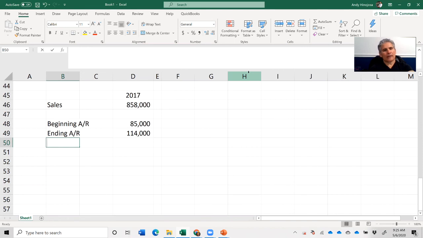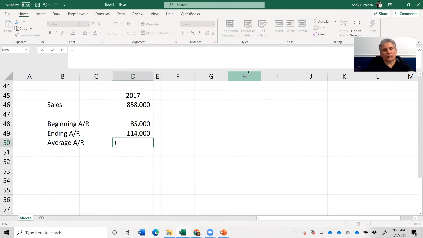So that our average AR, follow the formula closely. We're going to put these in parentheses. We're going to take the beginning plus the ending, close that parentheses, do that first, and then divide that by 2.